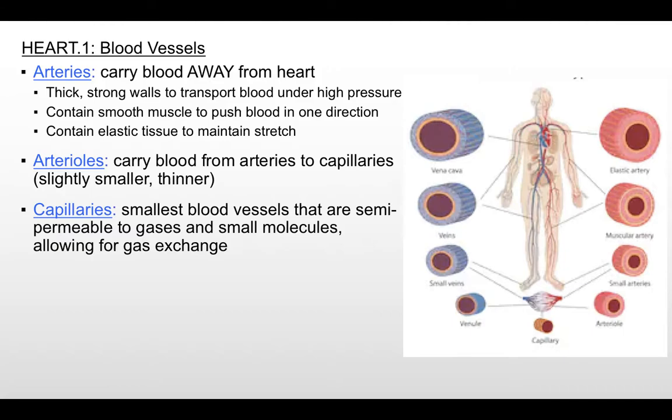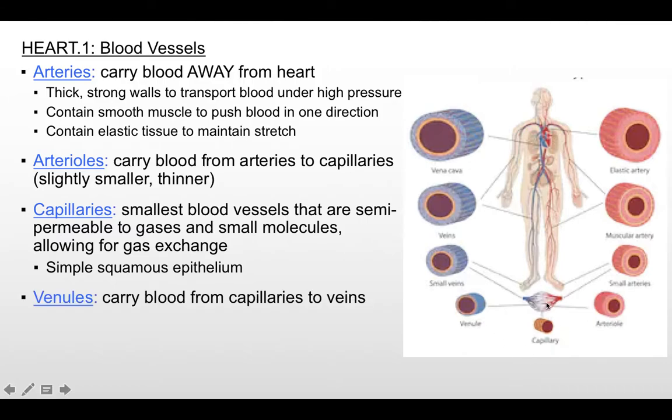So what I'm trying to say is that they're really, really thin, but that's good because they're permeable to gas exchange. So this is where we're going to trade oxygen and carbon dioxide. To make them that thin, they have to be made of a very delicate epithelial tissue, simple squamous.